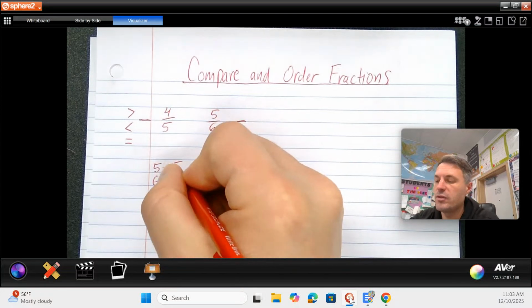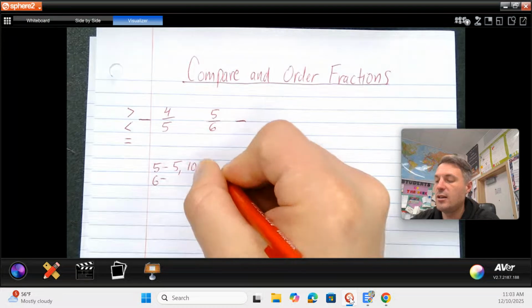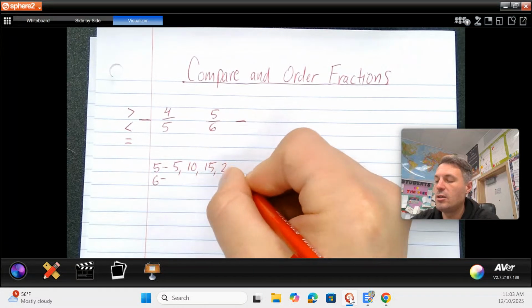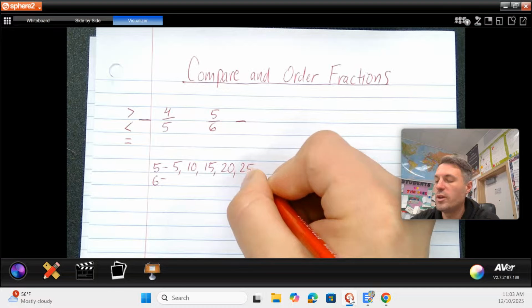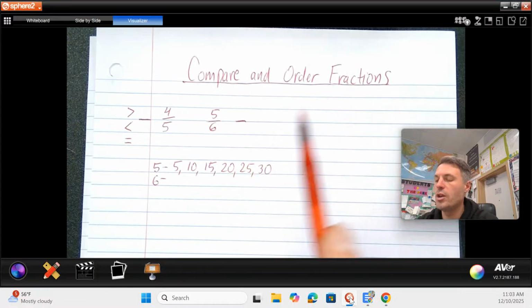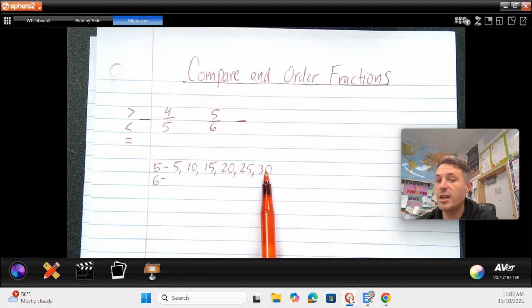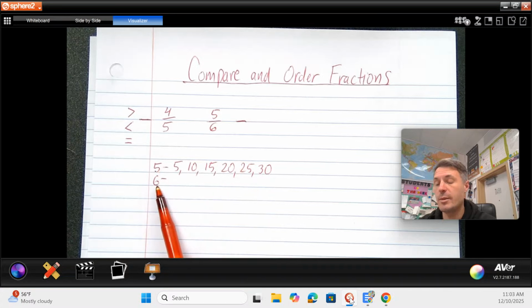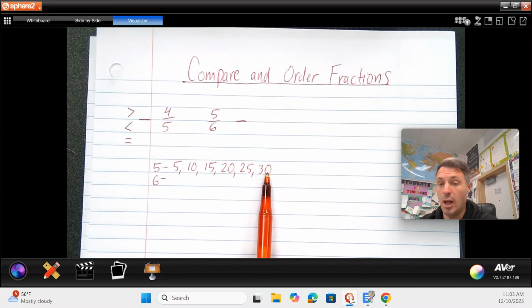So we count by 5s. 5, 10, 15, 20, 25, 30. Notice that's my 6th multiple of 5. Since it's my 6th multiple of 5, I know it's also the answer to 5 times 6, which means 6 is a factor of 30, which means 30 will also be a multiple of 6. So once I get there, I know I can stop.